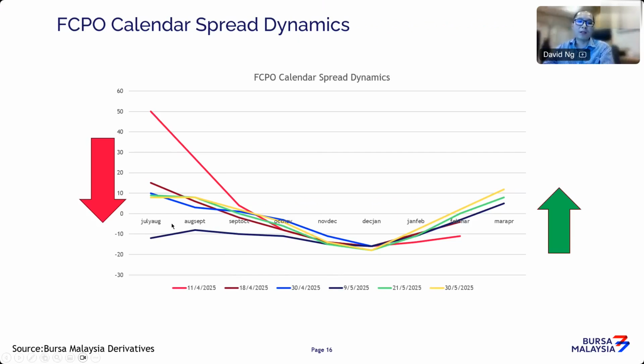Now, this is just plotting the different calendar, or what we call time spread, months. So you have July, August, September. If you plot it across time, you can see that back in early April of this year, the July-August calendar spread was trading at about a 50 points premium, which means the July contract was priced 50 ringgit more expensive than the August contract. Now, if you notice, it has quickly changed.